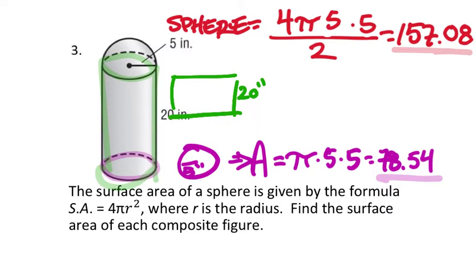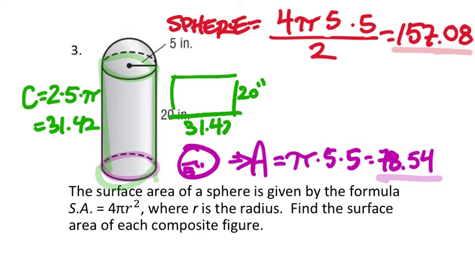So we need to find the circumference of that circle, which would be 2 times the radius, which we know is 5, times pi. So what do we get? Typed it in incorrectly. I get 31.415, so we'll make that 31.42. That's the length of this rectangle right there.